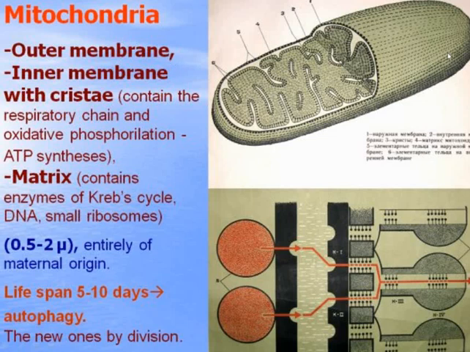Mitochondria are also membranous organelles of general meaning, but they contain two membranes, outer and inner, and the inner membrane makes folds, each called a crista, and between is the matrix containing enzymes of the Krebs cycle.